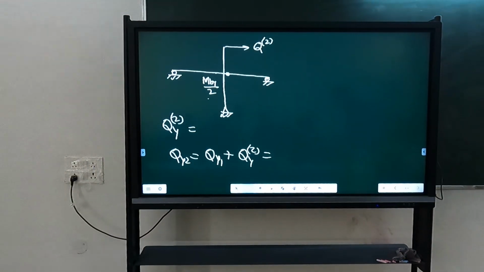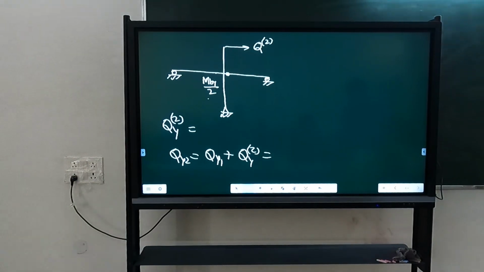And beams are flexible, and you want to determine the distribution.